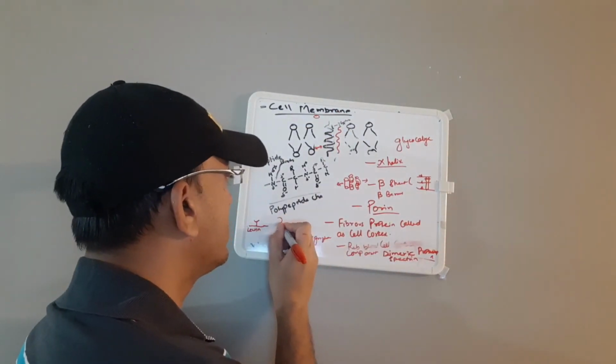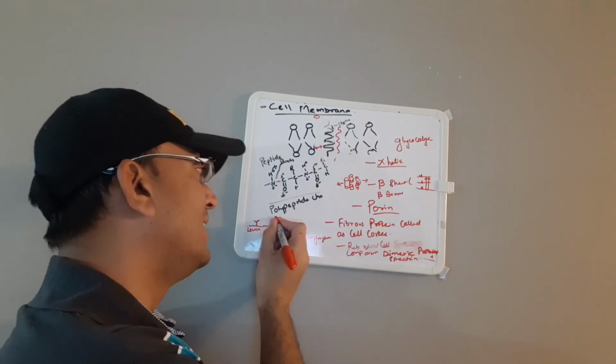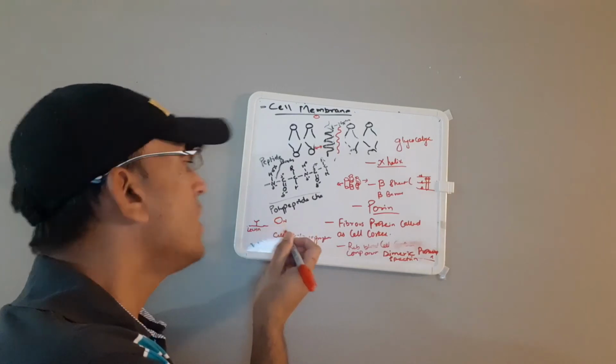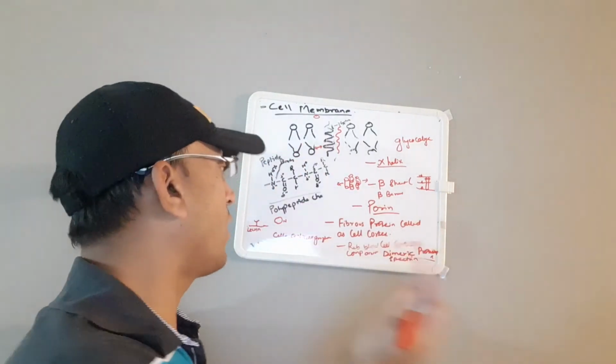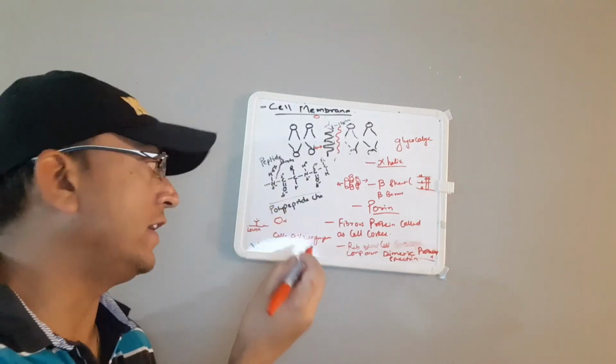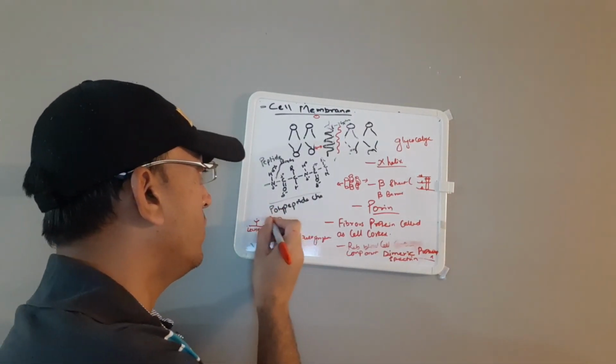For example, this is a neutrophil, I'll put an N for the neutrophil. The carbohydrates on this neutrophil are specialized to recognize the protein lectin.